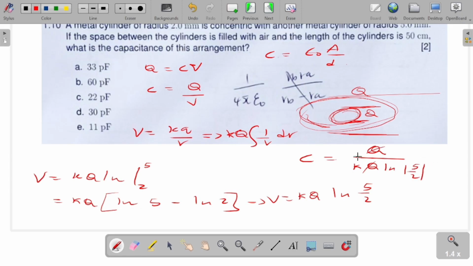And these guys cancel. So now we are left with 1 over K multiplied by ln 5 over 2. So guys, work this out.